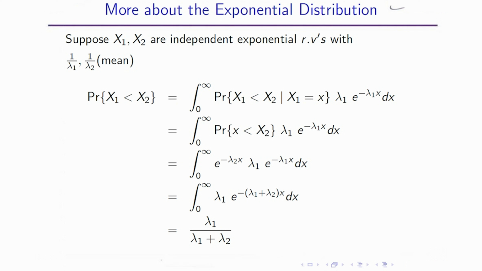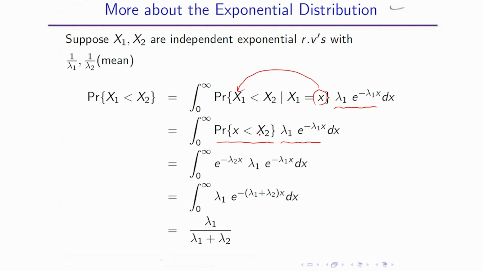Then the probability of X1 less than X2 will be the probability of X1 less than X2 given that X1 is equal to x, times the density that X1 is equal to x, which will be lambda 1 exponential minus lambda 1 x. Because now X1 is equal to x, you can just replace X1 with little x here. So we have the probability little x less than X2 times this, then you take the integration from 0 to infinity dx.